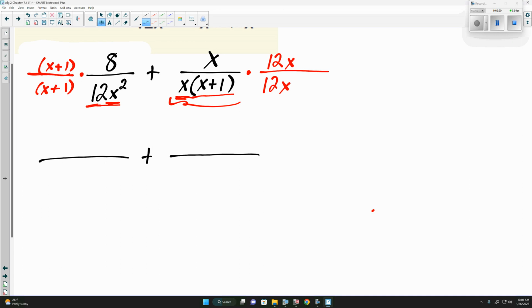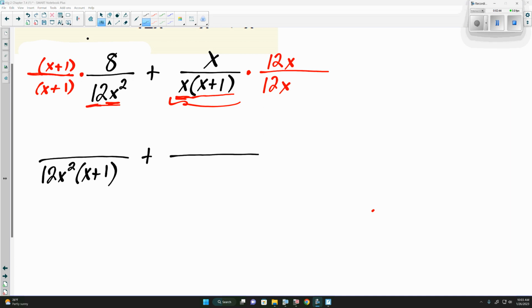Now we can multiply the denominators first just to make sure we do have them the same. On the right side we do have 12x squared times x plus 1. Because if we have monomials, single terms outside the parentheses, we will multiply those together and then the parentheses with the rest.